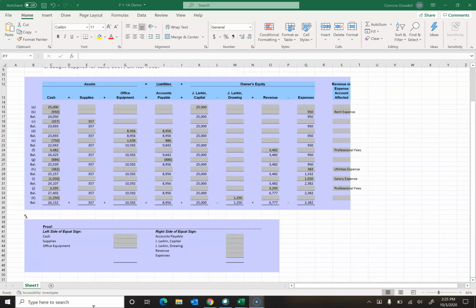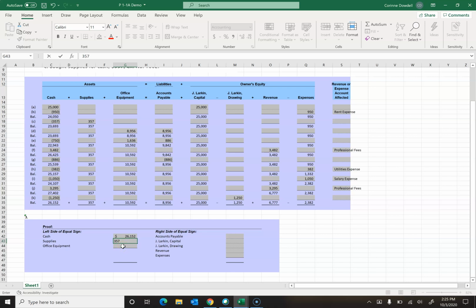And then the last thing you're going to do is show me that the left side and the right side of the equation are equal. So what you have to do down here is you have to take the values from each of the accounts and plug them in. So we see we have cash is a value of $26,152. Supplies is $357.